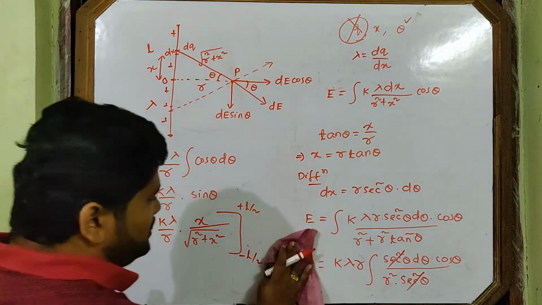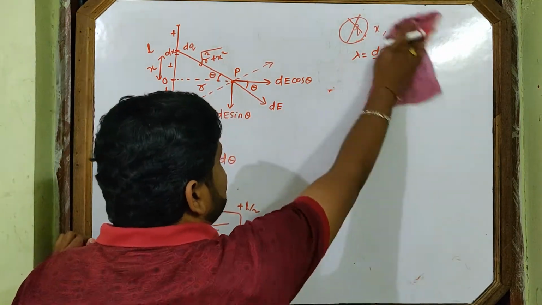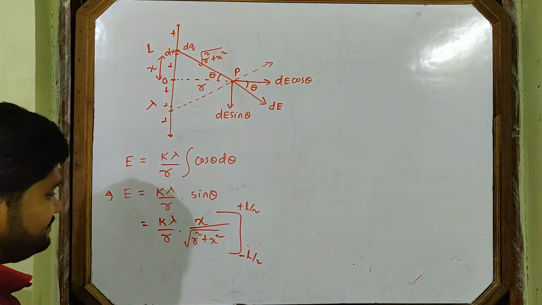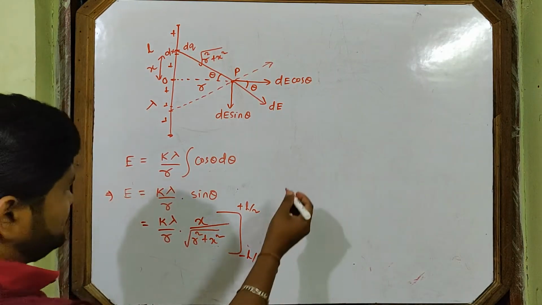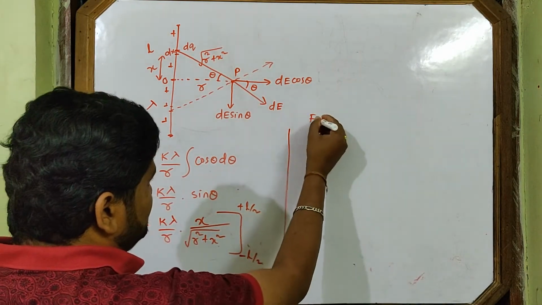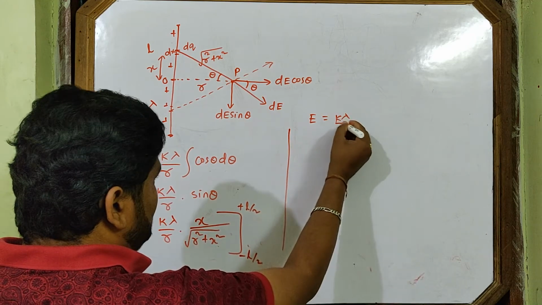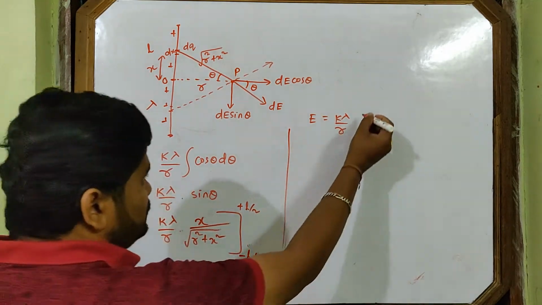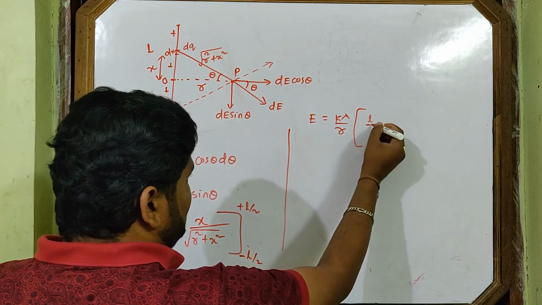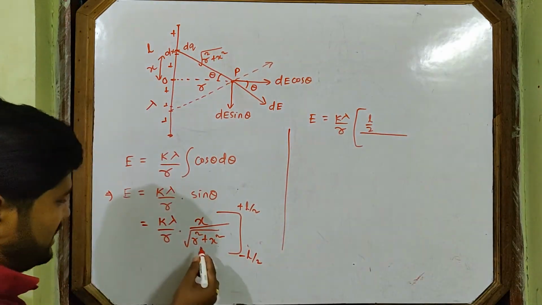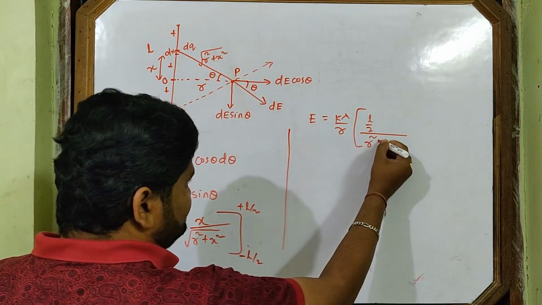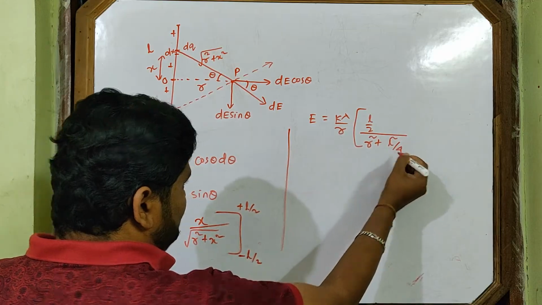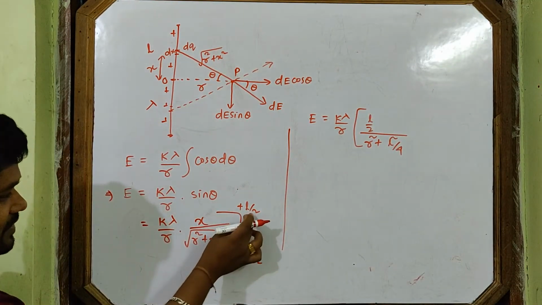Now you will put the limits. How will you put the limits here? Let's see. E is k lambda by r. Now put the limits: L by 2 divided by the square root of r square plus L square by 4.